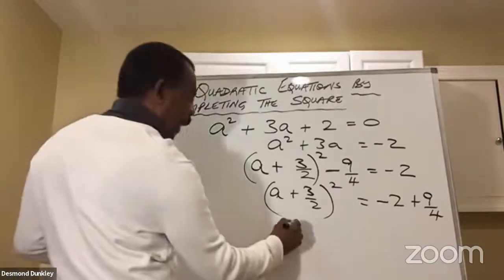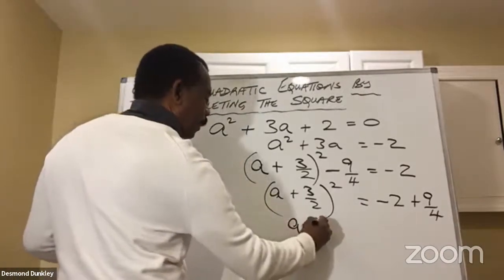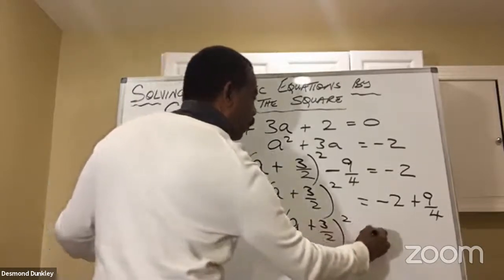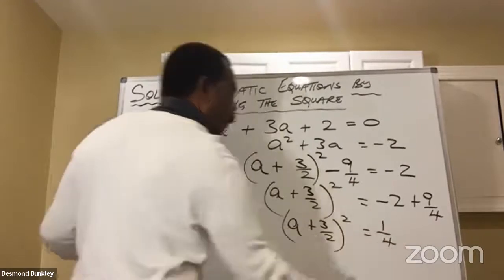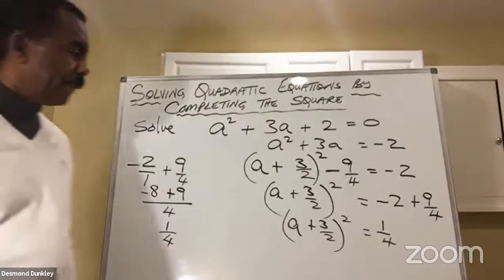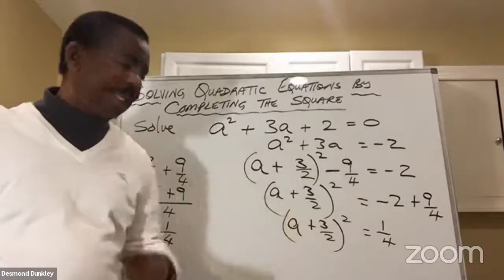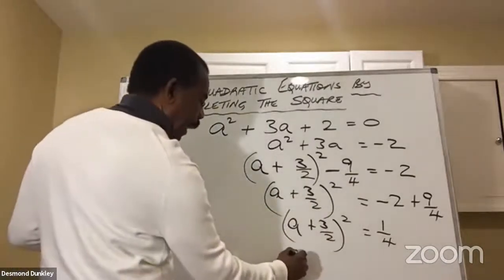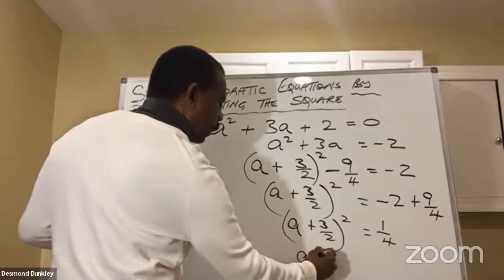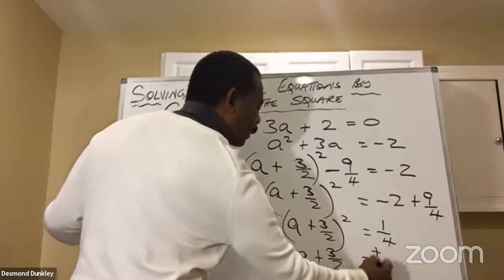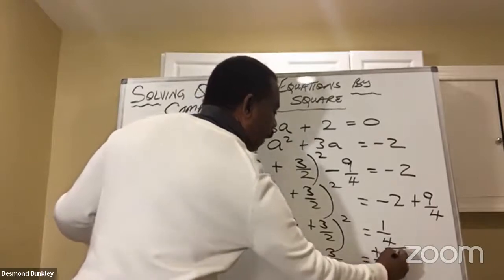So we have a plus 3/2 squared is equal to 1/4. And now we're ready to find the square root of both sides. So we end up with a plus 3/2 equal to plus or minus the square root of 1/4.